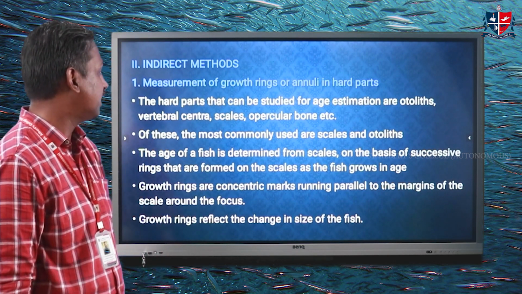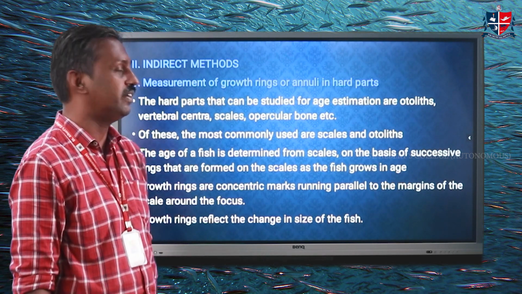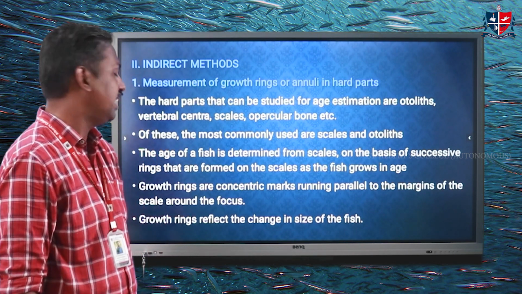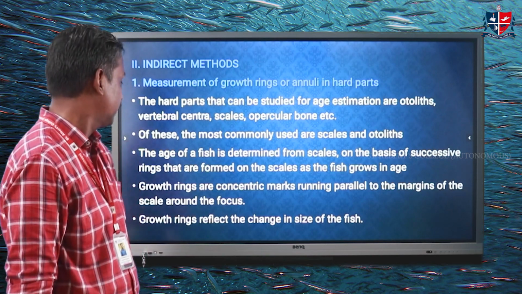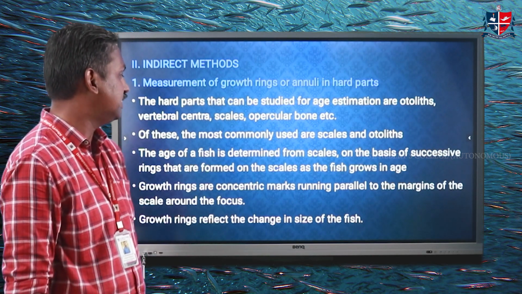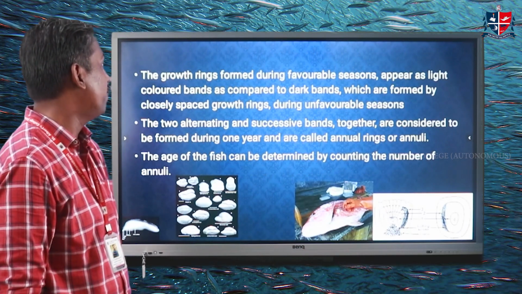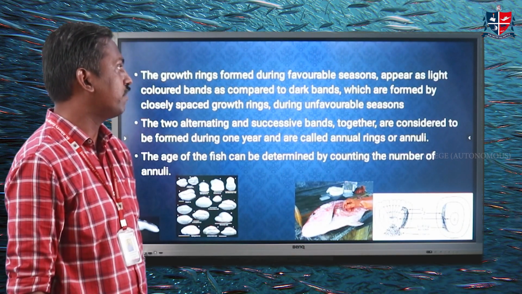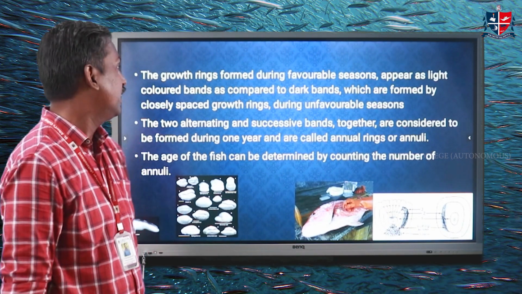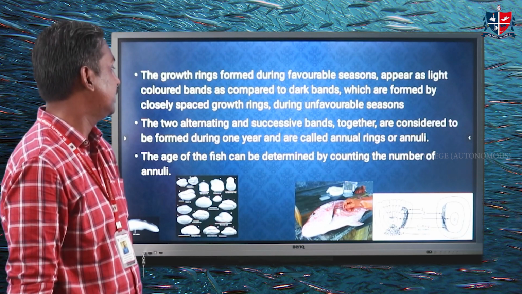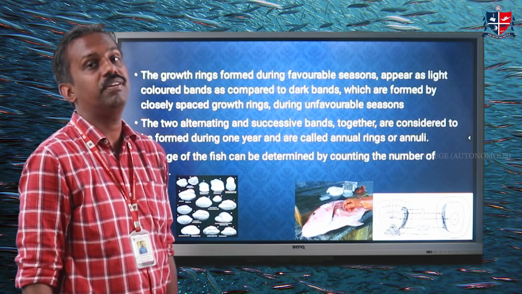The growth rings are concentric marks running parallel to the margin of the scale around the focus. The growth ring reflects the change in size of the fish. The growth ring formed during favorable season appears as a light colored band as compared to the dark bands which are formed by unfavorable conditions such as various types of pollution.